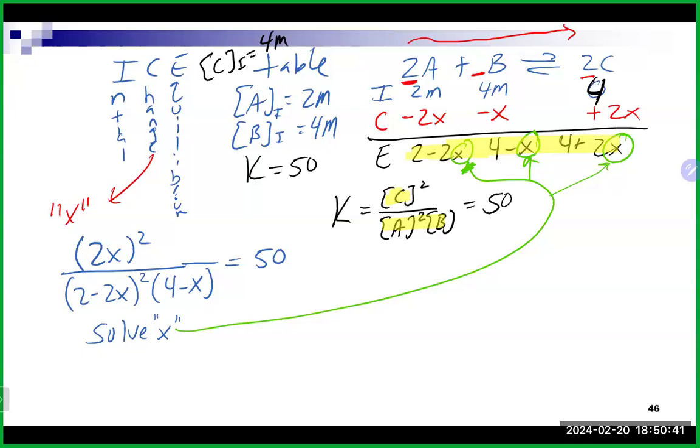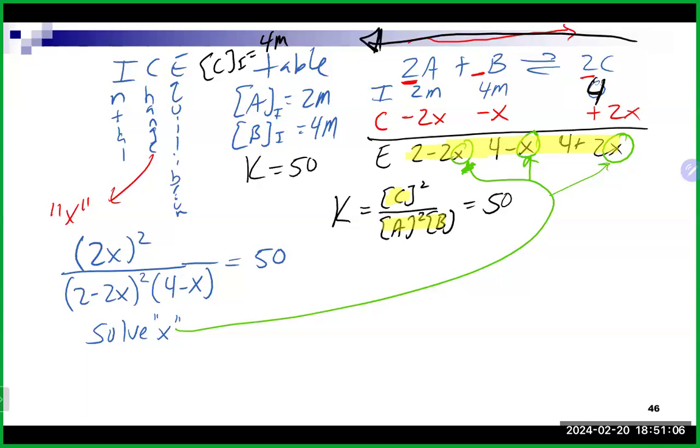But what happens if I calculate Q and it's not at equilibrium? It tells me that to reach equilibrium, I need to make more reactants. Which way is this reaction going in that case? Forward direction or reverse direction, if I need to make more reactants? It is the reverse direction, right?